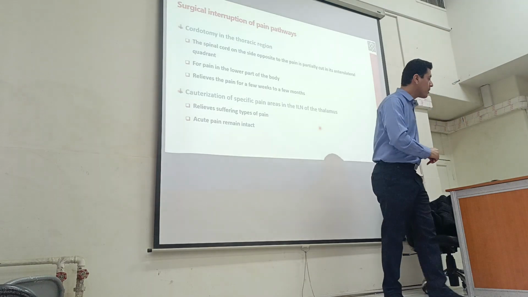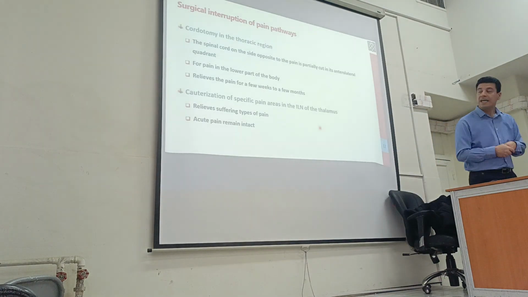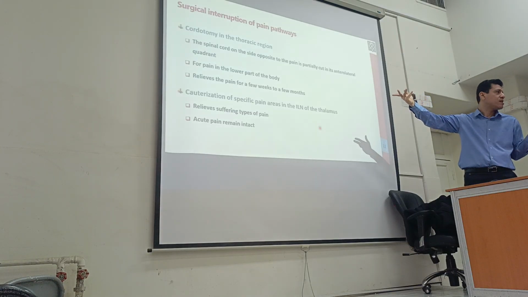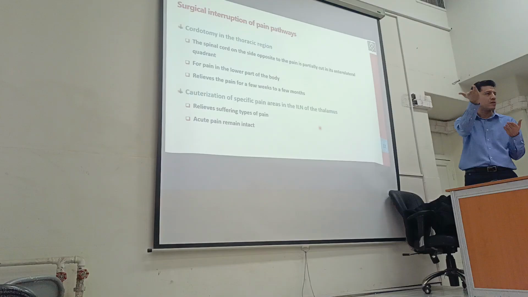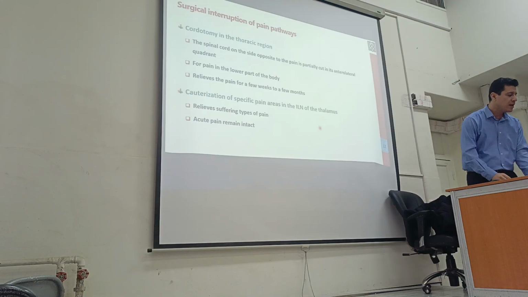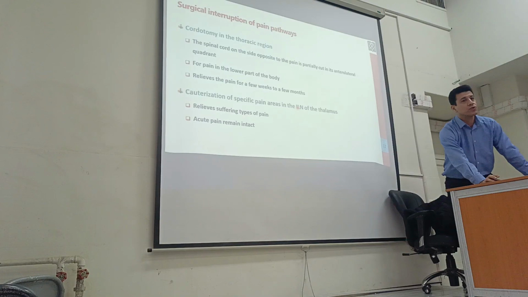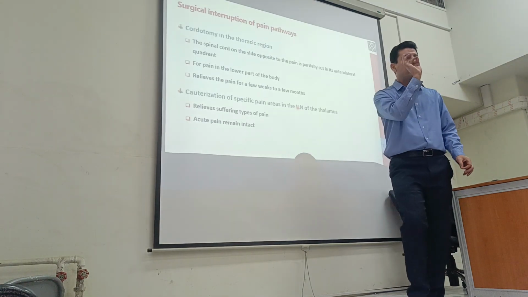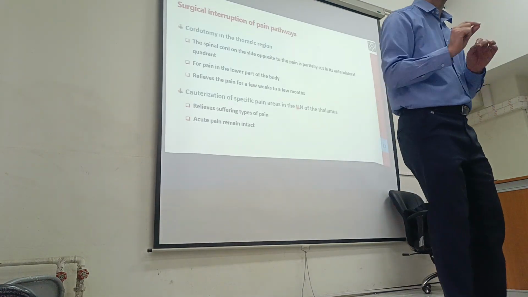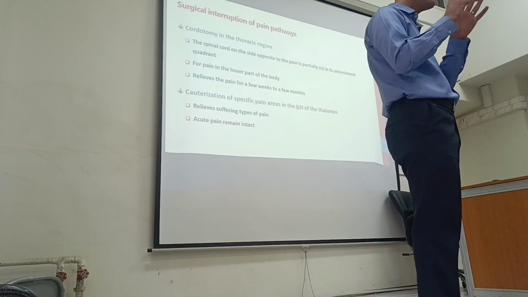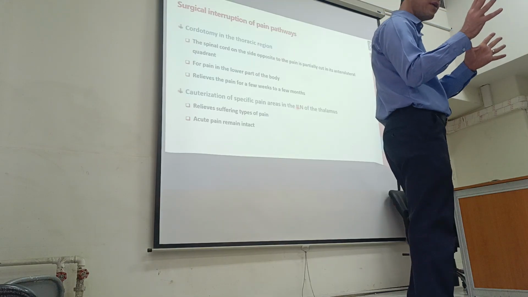So this is one type of surgical operation called chordotomy. Cord means spinal cord, tomy means cutting. Another way for surgical operation is cauterization in the intralaminar nuclei. Cauterization means burning the tissue by electrical current. So you can have high voltage DC current and burn the tissue, right?